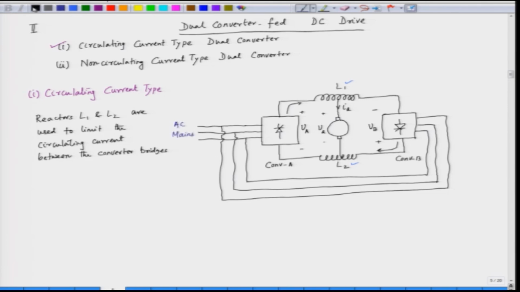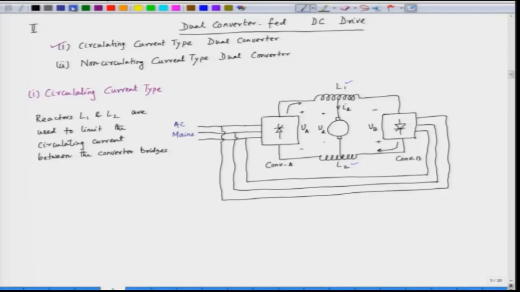Ideally, V A and V B have to be the same, but since they are converters, although the average voltage can be made the same, the instantaneous voltage will not be exactly the same. So, there will be a circulating current I C between the two bridges that has to be minimized.